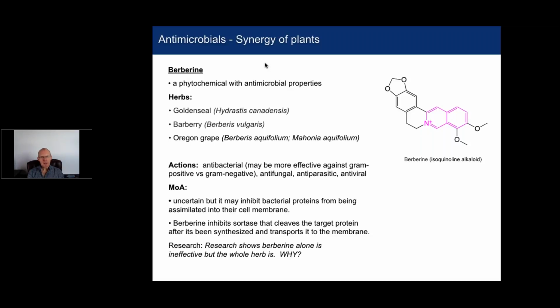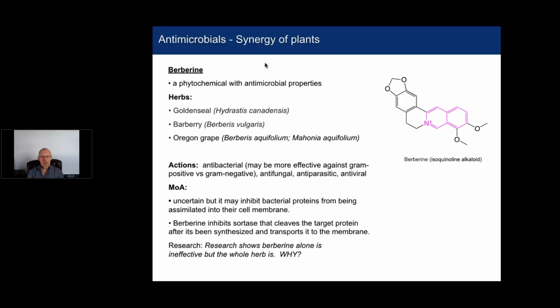What's interesting, though, when you look at the research on berberine, is that when you give it as an isolated phytochemical in high amounts, let's say a capsule that contains 500 milligrams of berberine, it's going to be relatively ineffective when given alone.